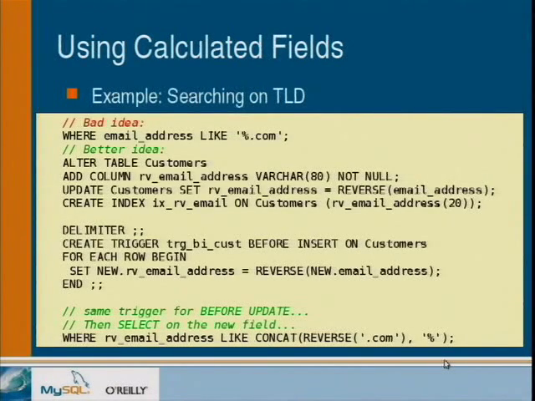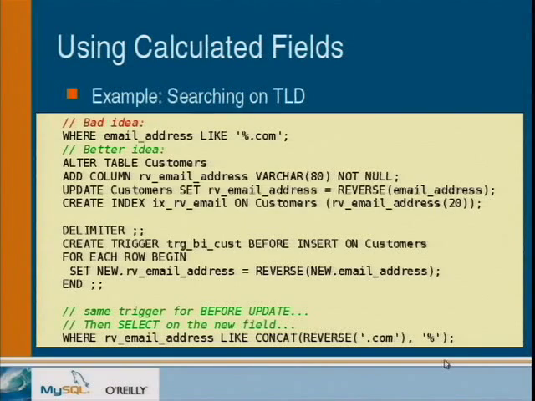Okay, using calculated fields. When you have where email address like '%.com', the index can't be used. The reason is that you can't have a wildcard on the left side of a constant when comparing with like. If you put the wildcard on the right, at the end, with a constant string first and then the wildcard, the index can be used because it can look at the left side of the values.